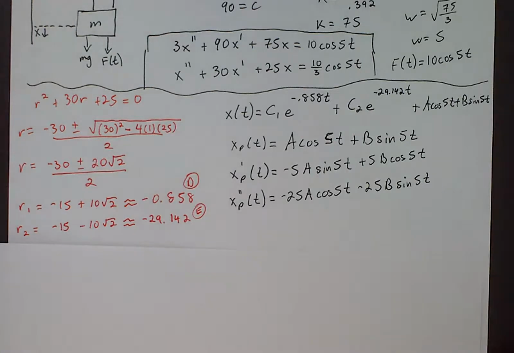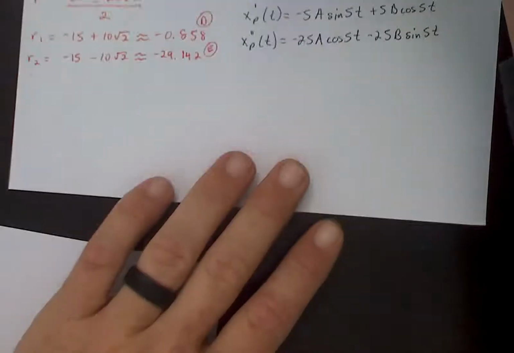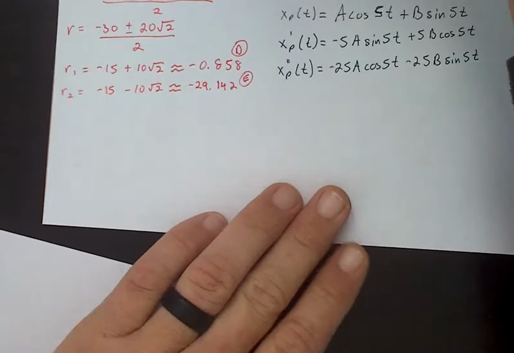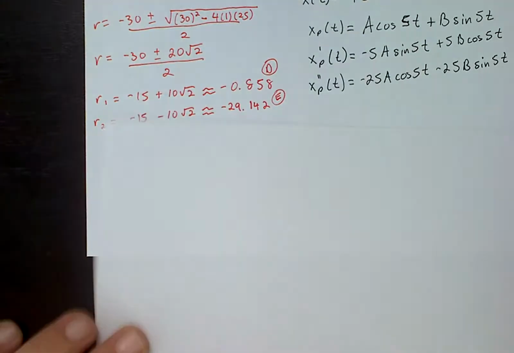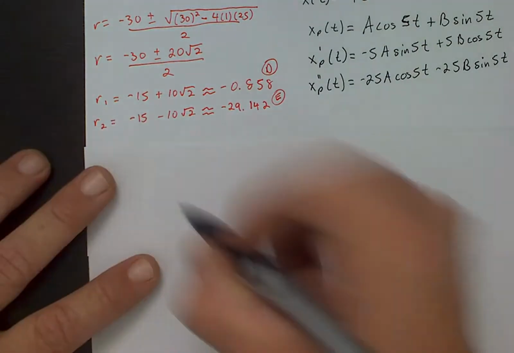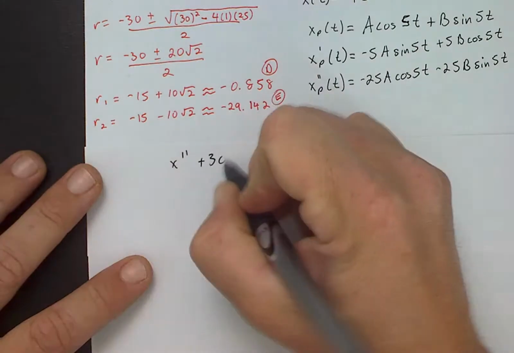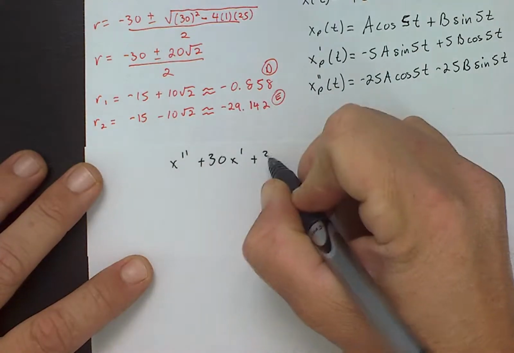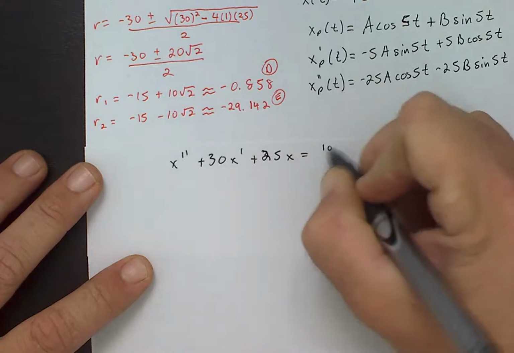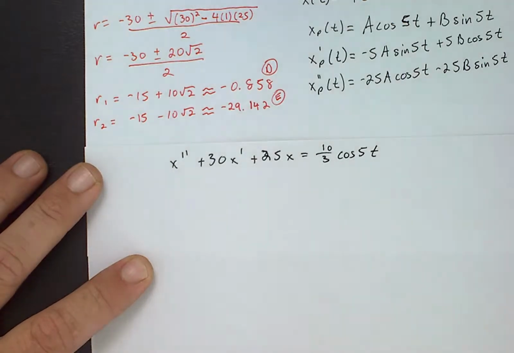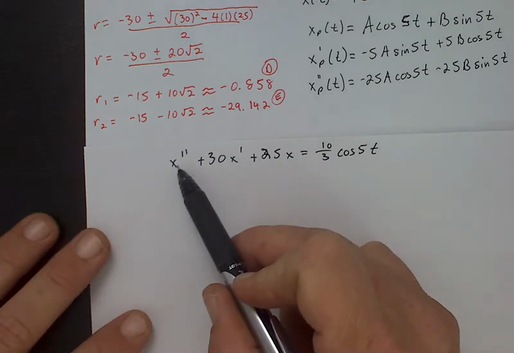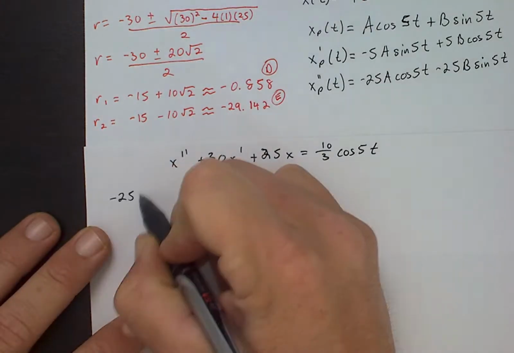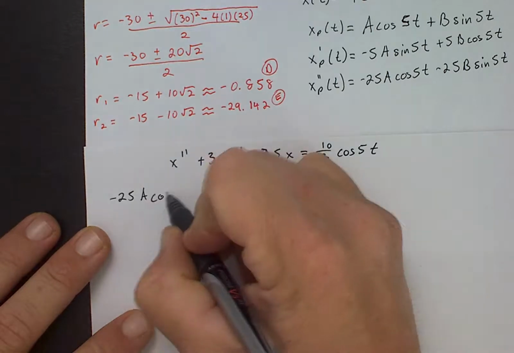All right, so now I'm going to go to a second paper here and move all this way up. So we're plugging it back into x double prime plus 30x prime plus 25x equals 10/3 cosine 5t. xp of t, or x double prime first. So that's going to be this. And you might have a faster way of doing it. I'm going to write it all out.